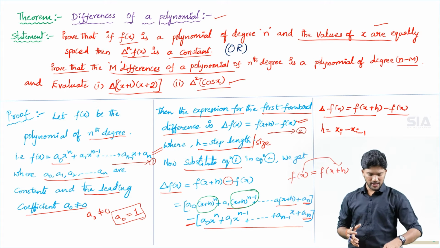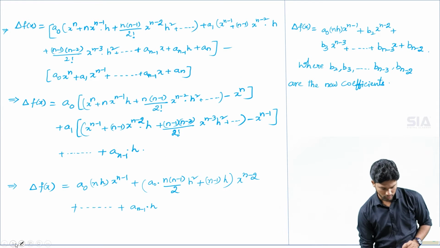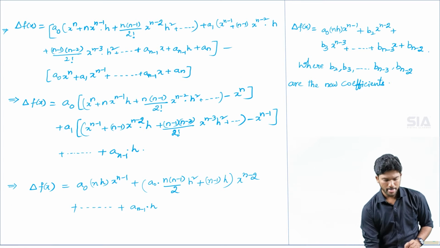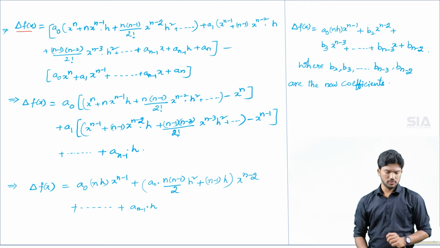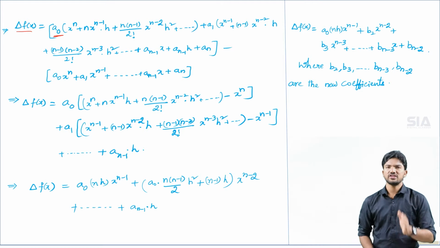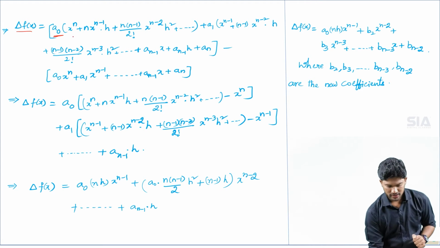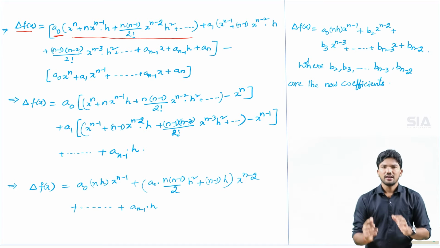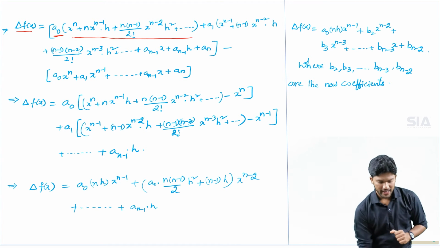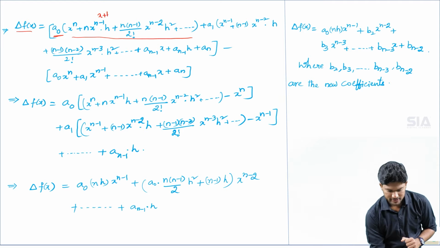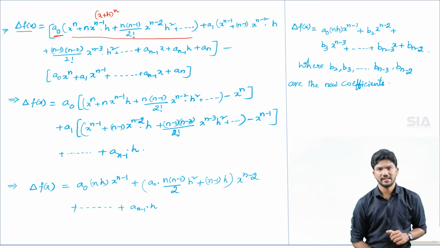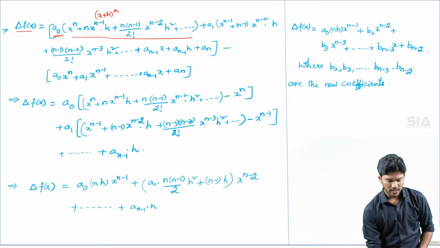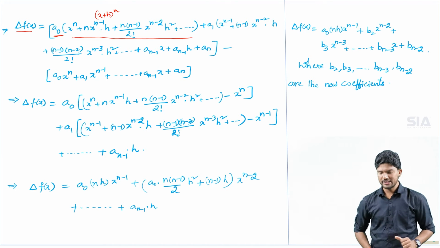So here x plus h whole power n, how can we expand it? You can see here delta f of x is equal to a naught, the leading coefficient for the first term. This total expression is the binomial expansion for x plus h whole power n. What is the binomial expansion?